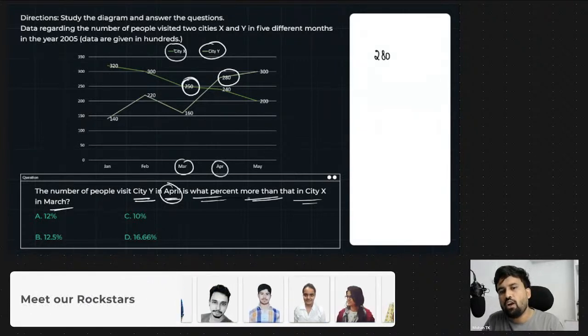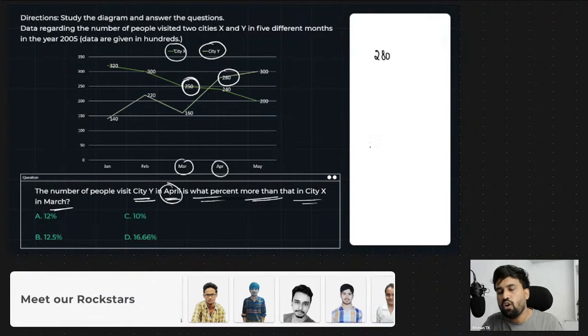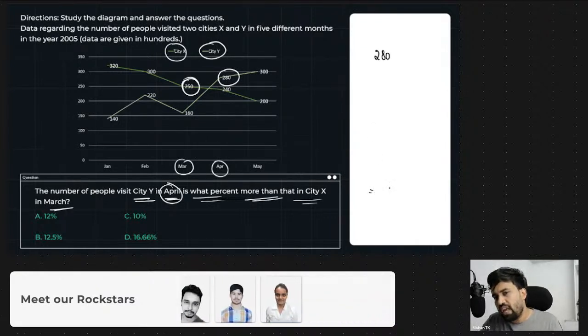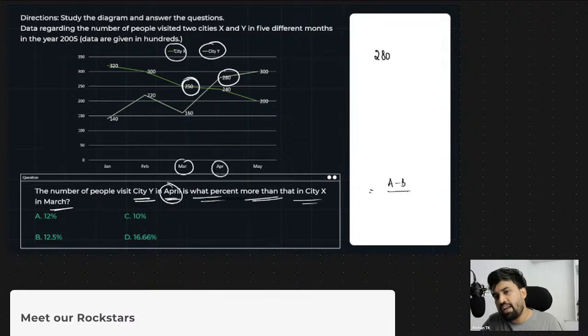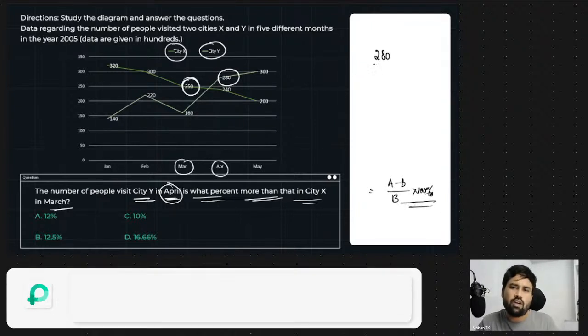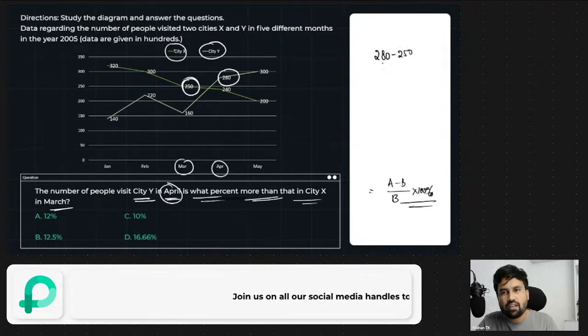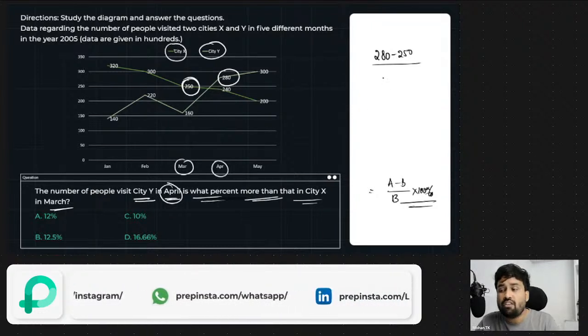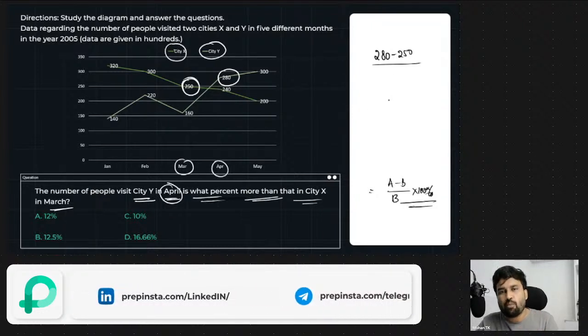So they're asking what percent more, right? So if A is some percentage more than B, what you have to do? We have a formula that (A minus B) by B into 100% is the answer if you want to find more or less percentage. So you will use the same formula, 280 minus 250 divided by, here city Y is comparing with city X. So the value of city X must be in the denominator.